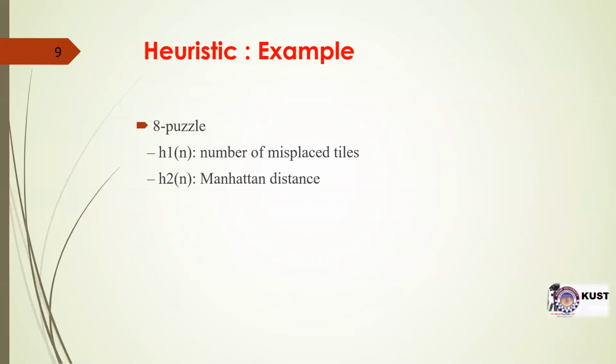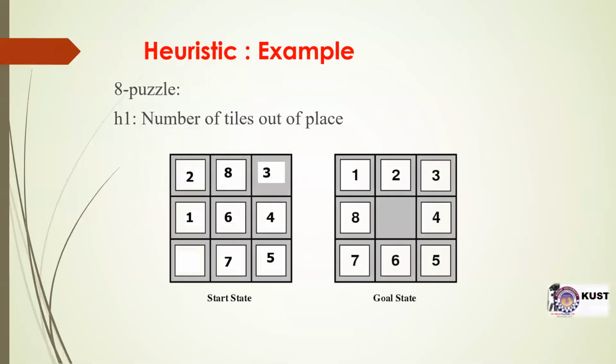As discussed in our previous lecture, the aim of the puzzle is to slide the tiles horizontally or vertically into the empty space until the initial configuration matches the goal configuration. If we want to find the shortest solution, we need a heuristic function that never overestimates the number of steps to the goal. Here are two solutions.